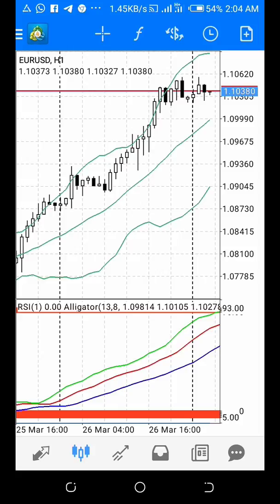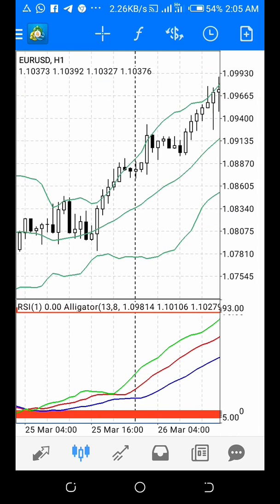I also told you that we have three approaches to trading. We have the technical approach, the fundamental approach, and the sentimental approach. Under technical, that's where we have scalping, swing, day trading, and position trading.